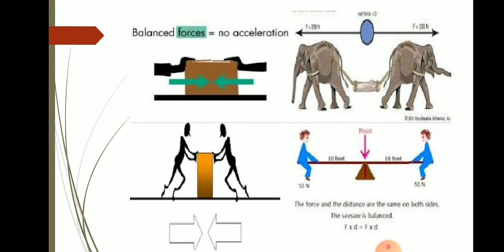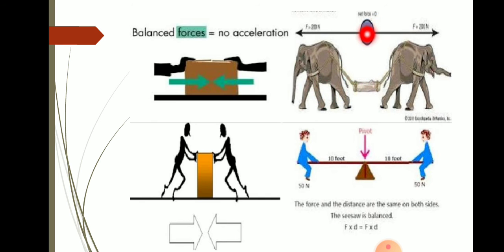In this example, a box has two forces applied in opposite directions with the same magnitude, so the object is at rest. Here the elephants apply 200 Newton on each side, opposite in direction. So the net force is 0, and we say the force is balanced.